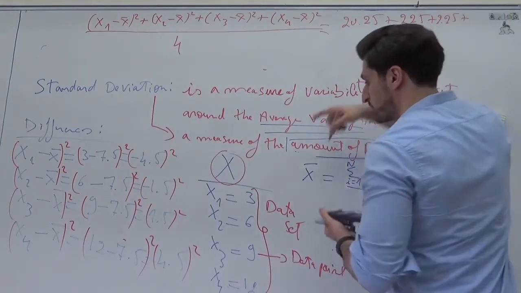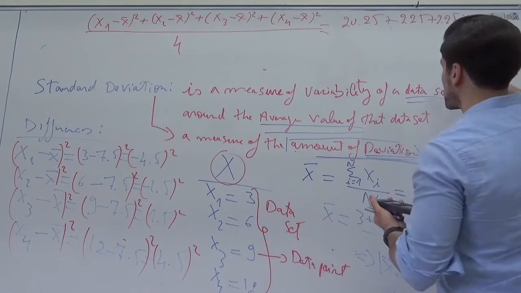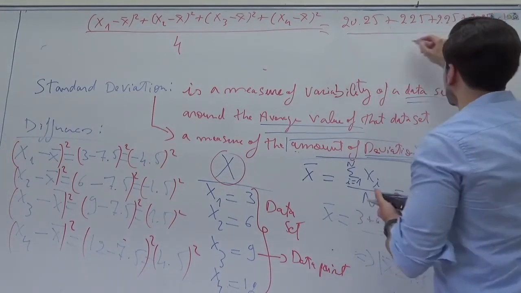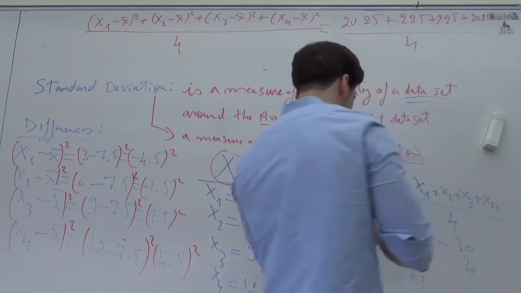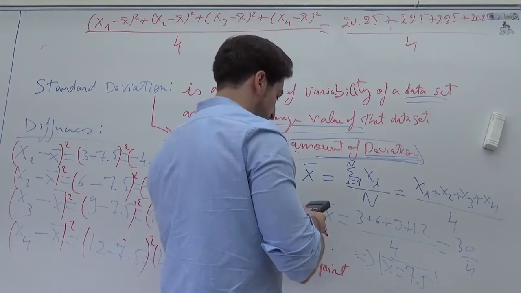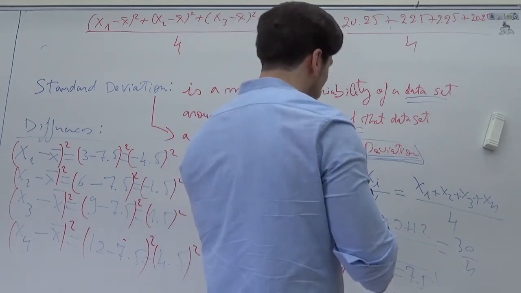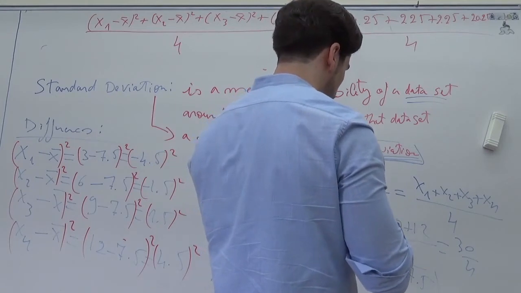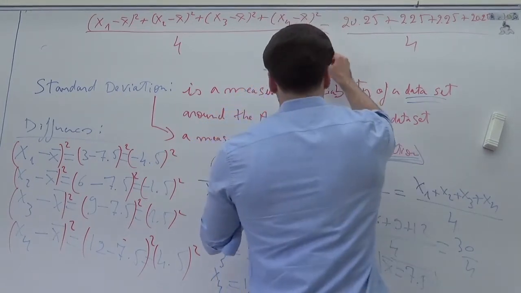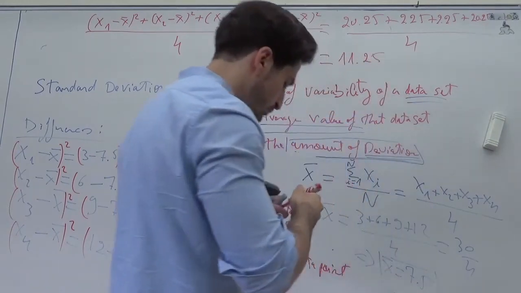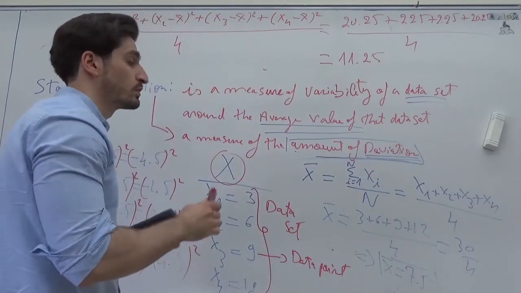And finally we have also 4.5 squared, which is 20.25, divided by 4. So let's sum all of these numbers up. 20.25 times 2 plus 2.25 times 2, divided by 4, is going to be equal to 11.25. So the final answer is actually 11.25.